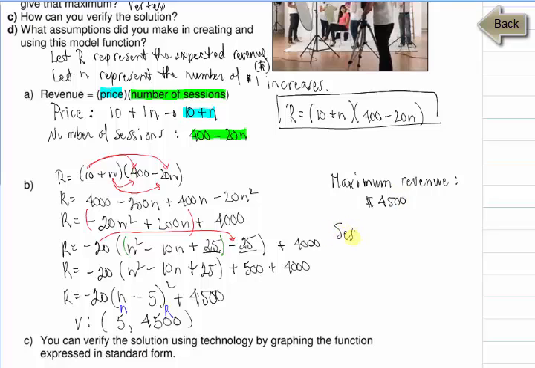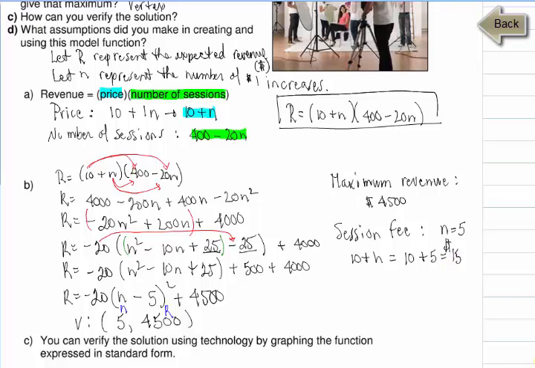So the session fee is our price per session, which is 10 plus n, and n is equal to 5, so we will substitute that in for n, and so we find that the session fee is $15. So maximum revenue $4,500, session fee $15.